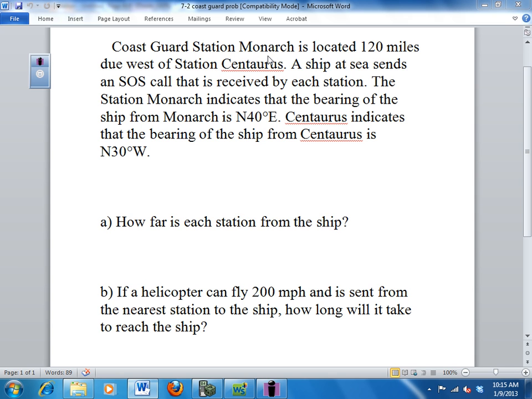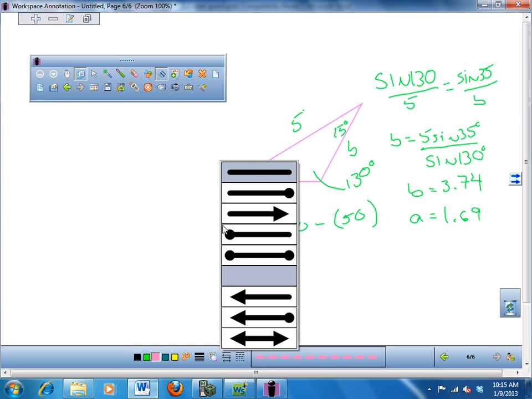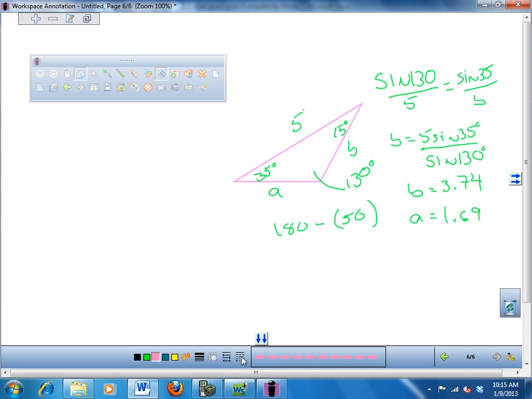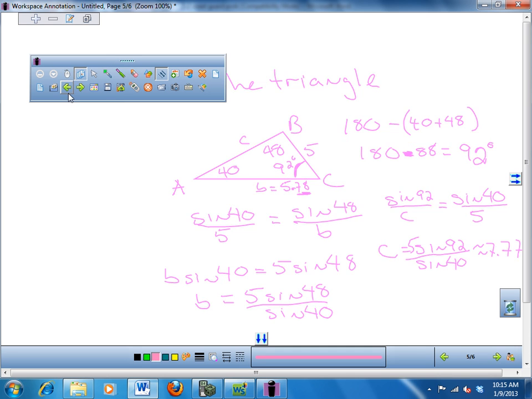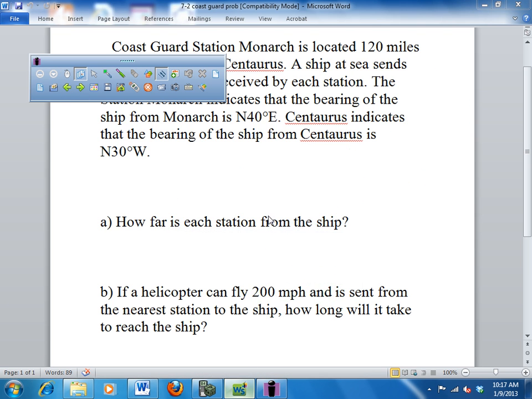First I better get my tools back here. First I'm going to draw a straight line here. Where did it go? Oh, it's down here. There it is, okay?